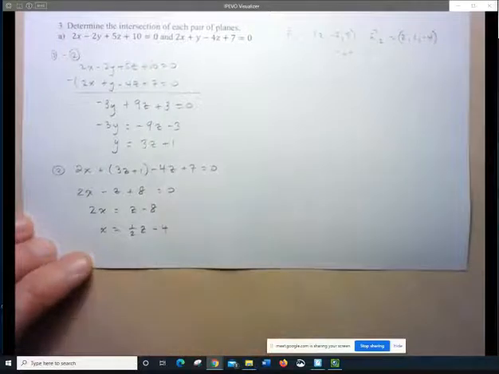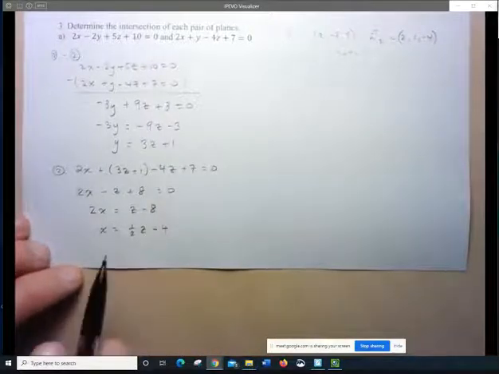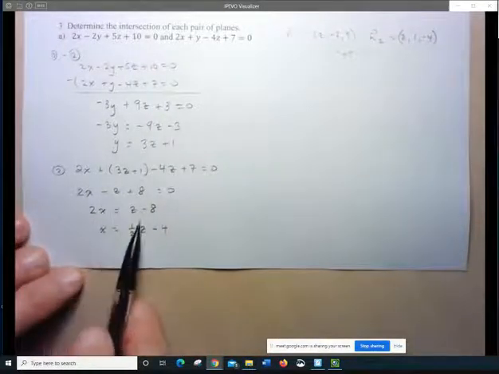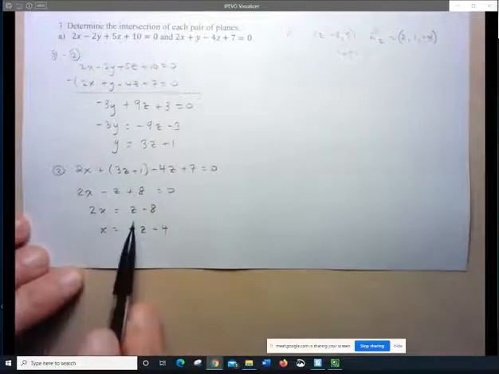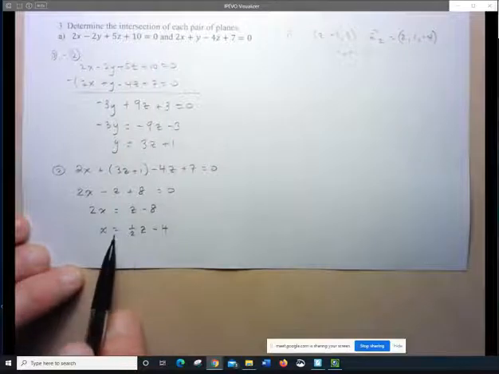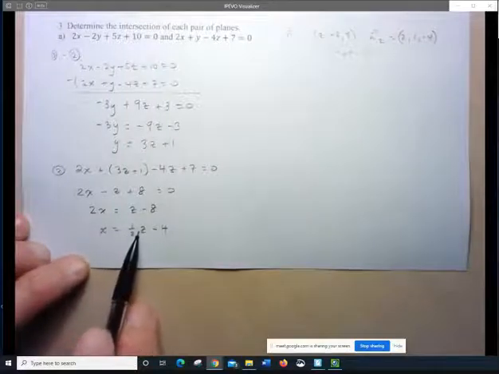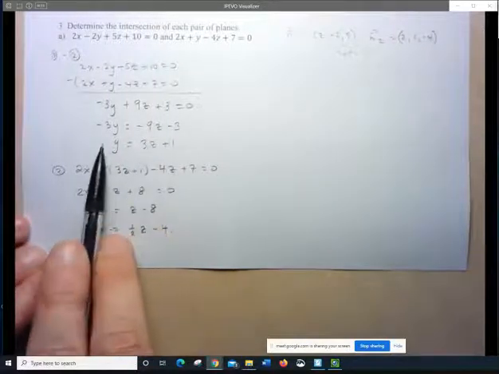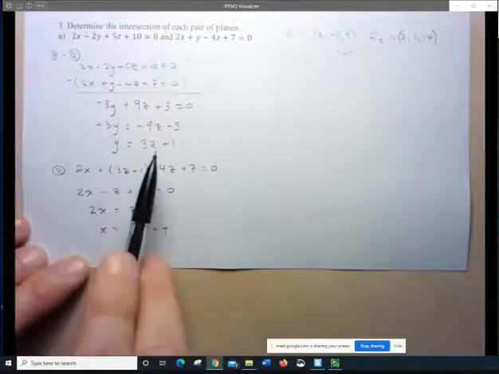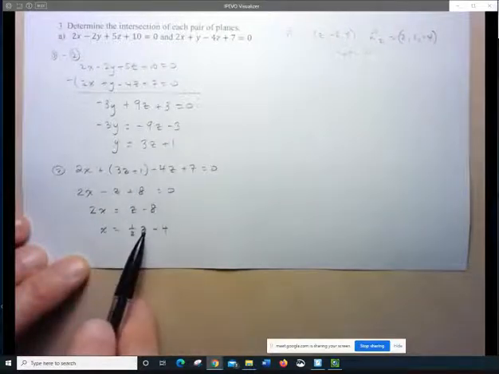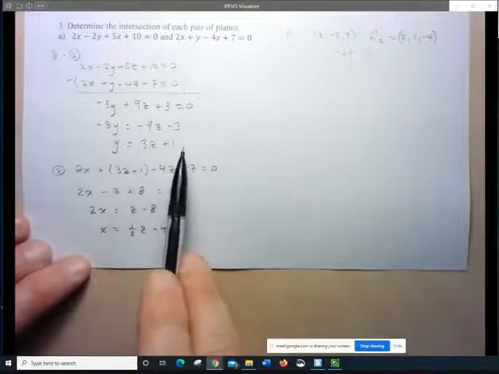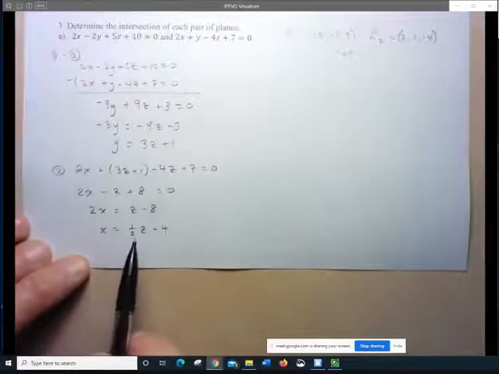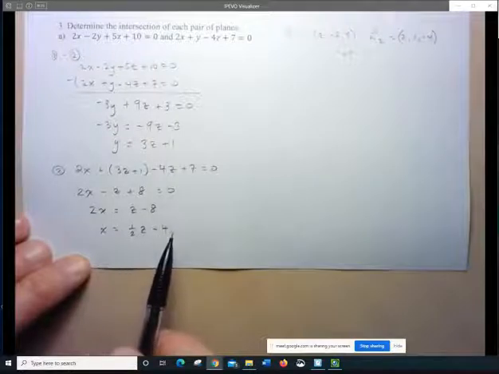minus 4. Now, you might be thinking, wait a minute, wouldn't it have been nicer to solve for z in terms of x? Then I wouldn't have had this fraction. But there's a reason why I'm specifically writing both of these components in terms of the same one. Because when I look at this, y is equal to 3z plus 1, x is equal to 1/2 z minus 4.